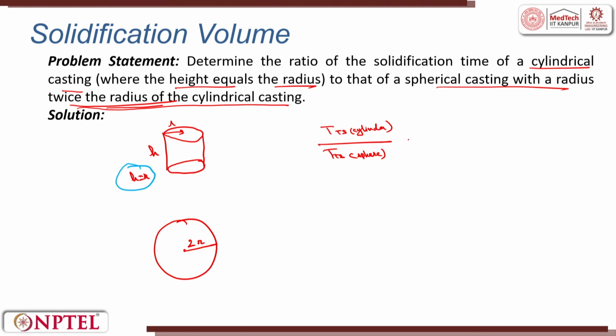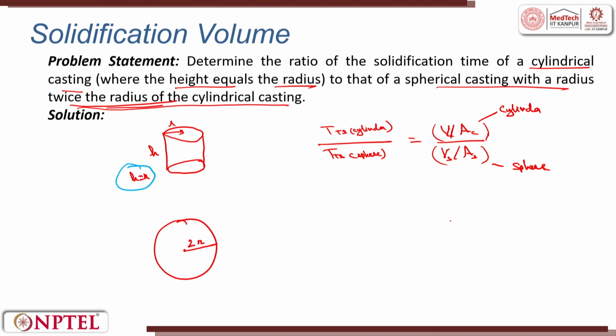So, this ratio you will calculate, you will put V by A for cylinder by V by A for sphere.